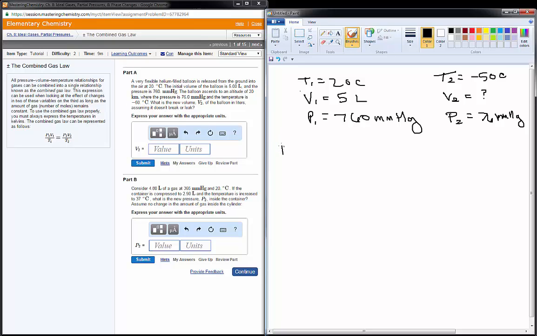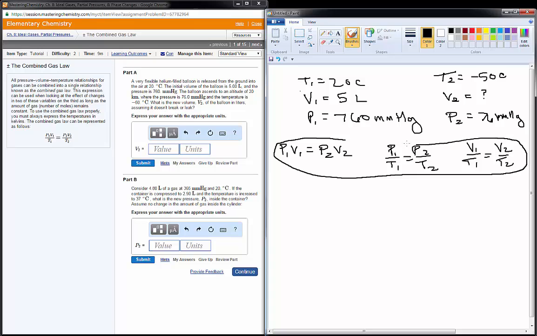Previously we said P1 V1 equals P2 V2, and we also said that P1 over T1 was equal to P2 over T2, and that V1 over T1 was equal to V2 over T2. If we put all of these together, we see that P1 V1 over T1 equals P2 V2 over T2.